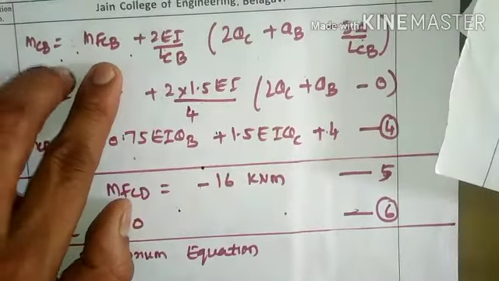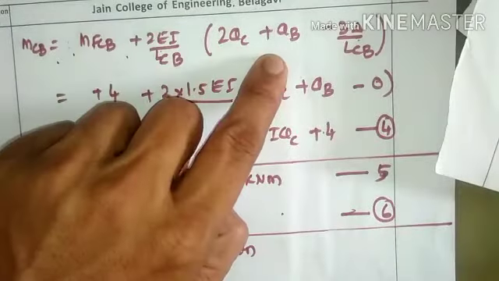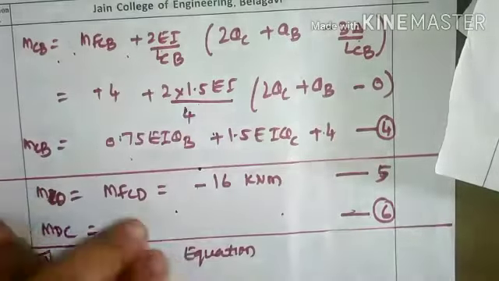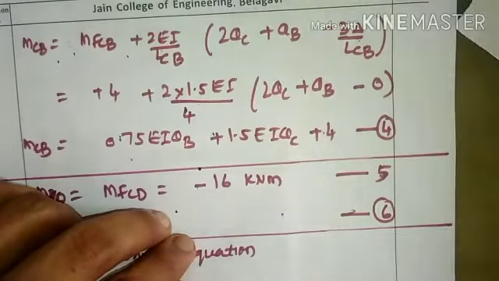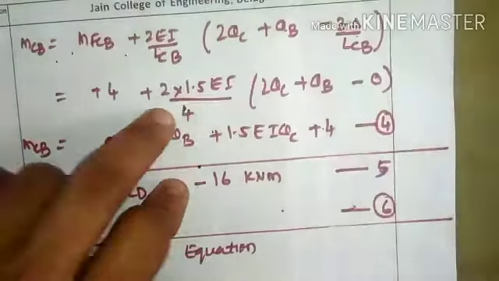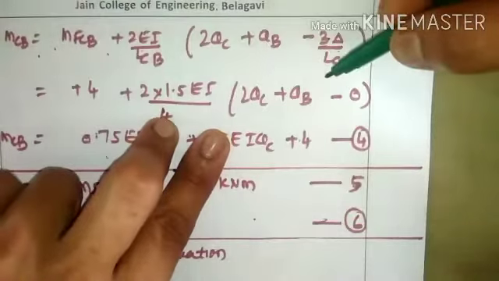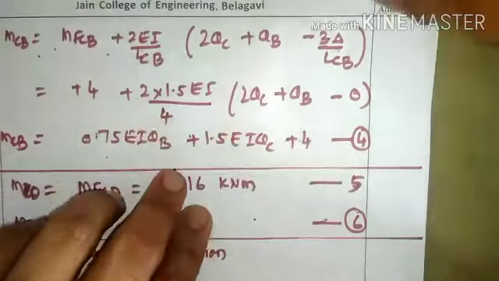MCB is equal to MFCB plus 2EI divided by LCB, into 2 theta C plus theta B minus 3 delta divided by LCB. MFCB value will be plus 4. So plus 4, 2 into 1.5 divided by 4, 2 theta C plus theta B, next part is 0.